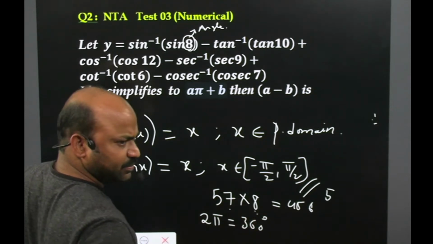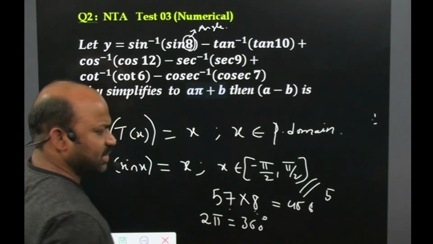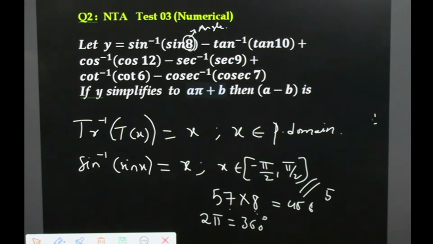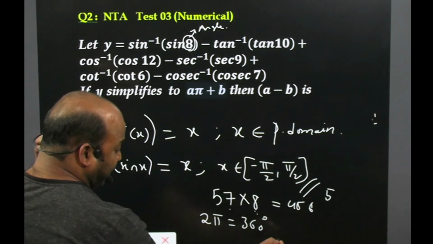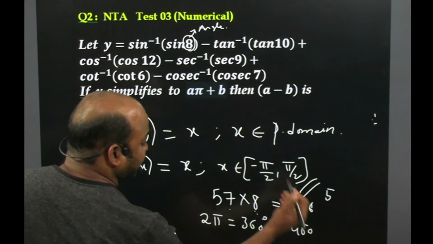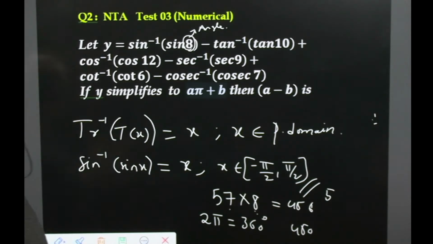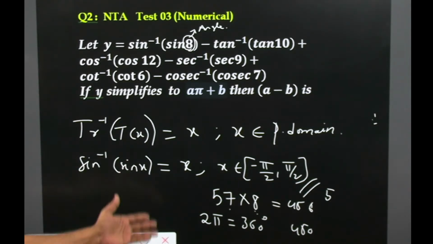Clear? 2 pi is 360. Then what does 456 mean? 456 means 450. 450 is more than 360, no?